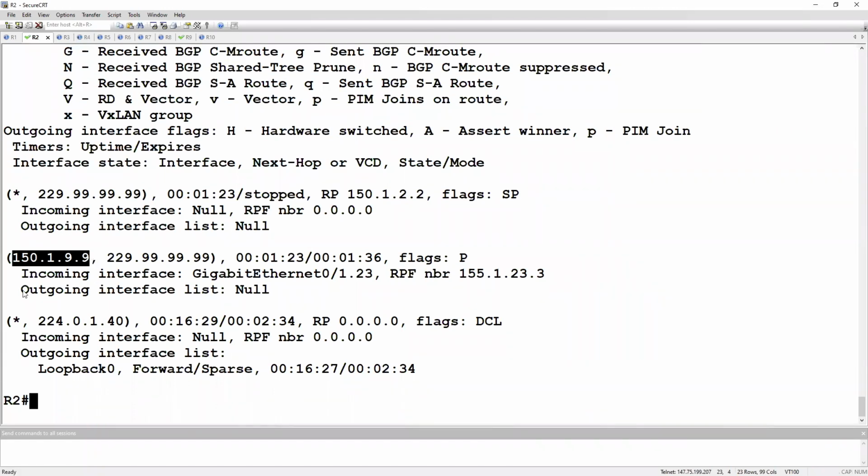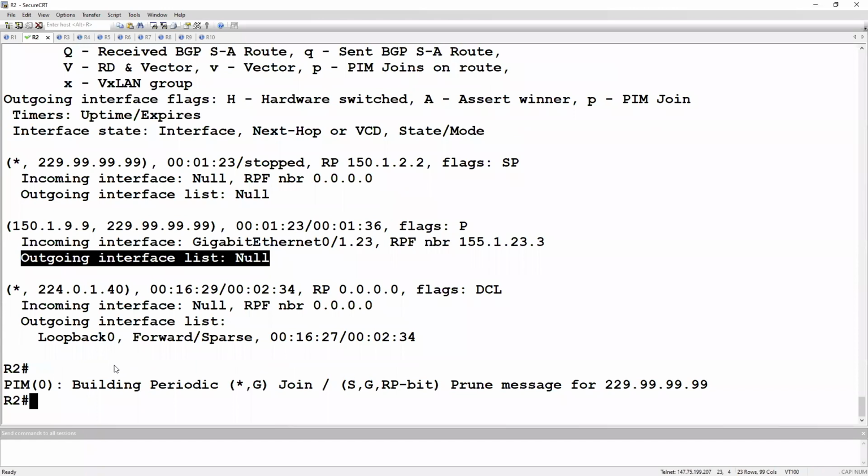Now currently the outgoing interface list is null. This means that we know about the sender, but we don't know about any of the receivers. Which is the normal point at this stage, because we haven't done an IGMP join message in order to actually accept the multicast group traffic on the other end of the link. Okay, so let's go back to our packet captures.